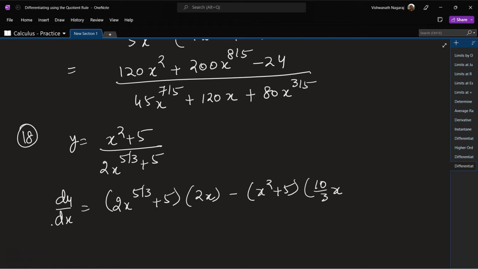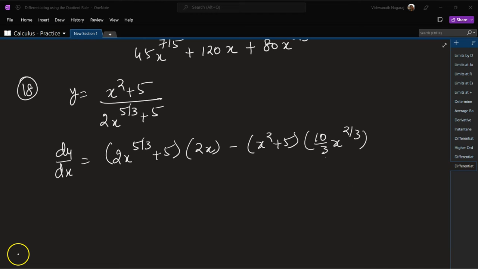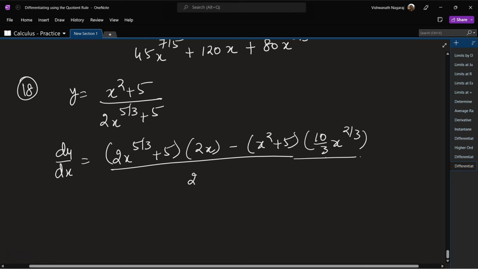So 5 minus 3 by 3, so that is 2 by 3, divided by (2x to the power of 5 by 3 plus 5) square.